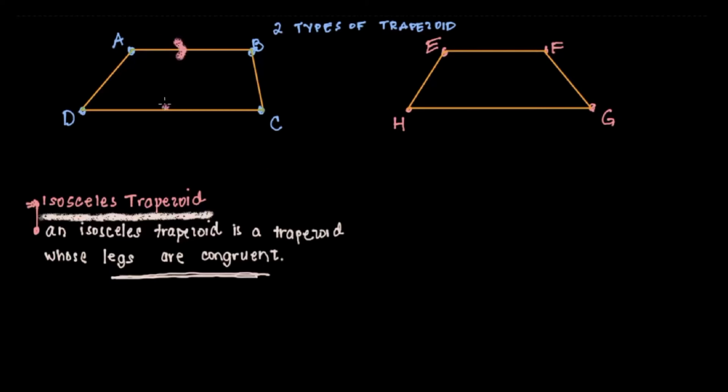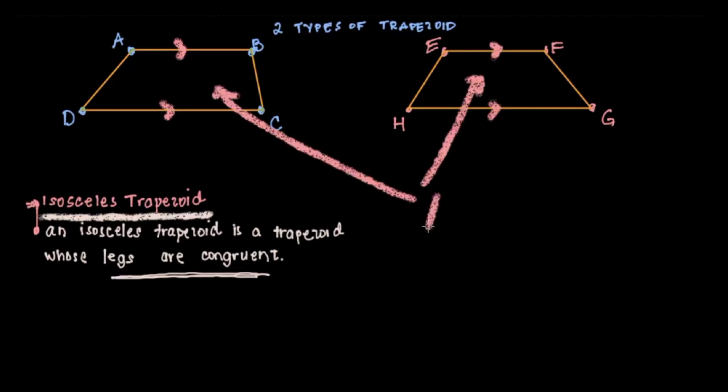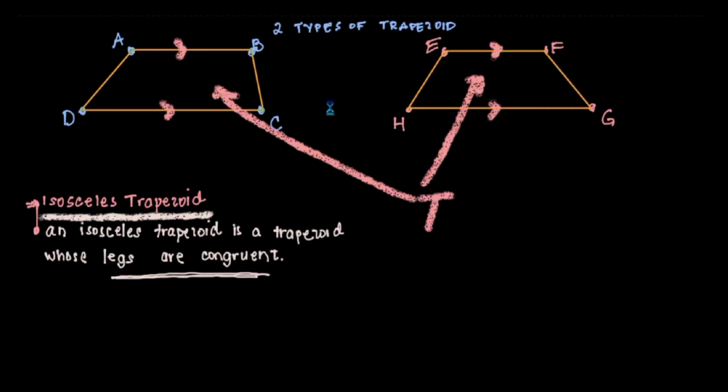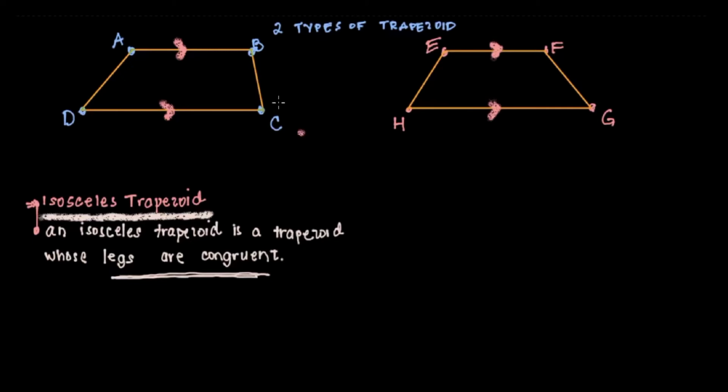Since a trapezoid is a quadrilateral with exactly one pair of parallel sides, therefore, these two shapes are an example of a trapezoid. Bakit? Kasi parallel sila. Right? Ano pa? Identify pa natin ang mga parts ng shape na to. Okay. Dako muna tayo sa shape ABCD. So, these two legs, yan.